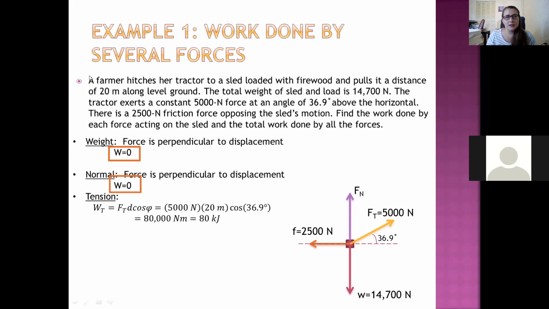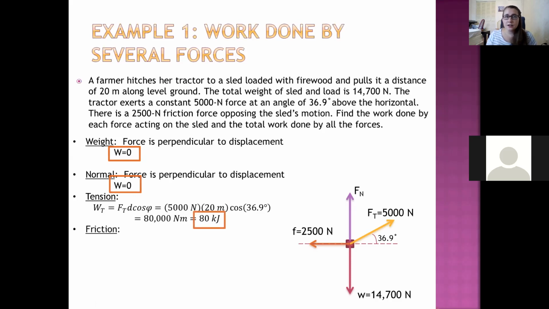We know it's pulling at a distance of 20 meters, so that's our displacement. Our force of tension is 5,000 times our displacement times the cosine of our angle, which gives us 80,000 joules or 80 kilojoules. I just don't like typing all those zeros, so I left it in kilojoules.